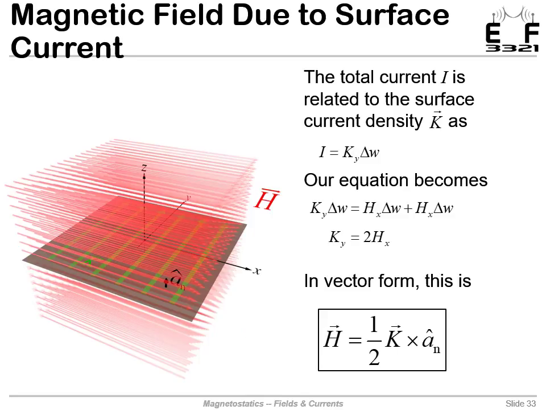So the conclusion is the magnetic field is 1/2 of K times the surface normal. And the surface normal is pointing upward, so that when we're looking below, the fact that the surface normal is pointing upward and we will be calculating the field below, that's how it accounts for this reversal in direction. So there we arrive. We can calculate the magnetic field from a surface current.